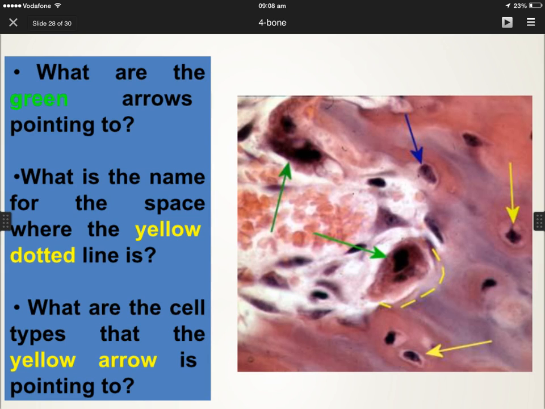What is the name of the space where the yellow dotted line is? Yes, this is the clear space on the surface of the bone related to the osteoclast. It is the Howship's lacuna, and you may be asked about how this space is formed, and I have answered that before.